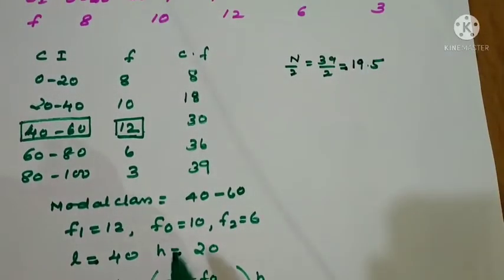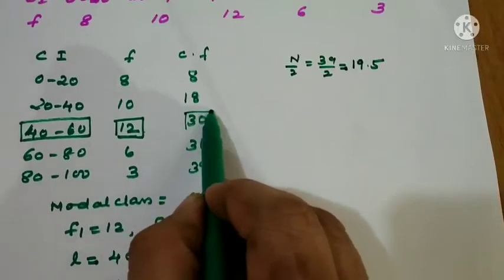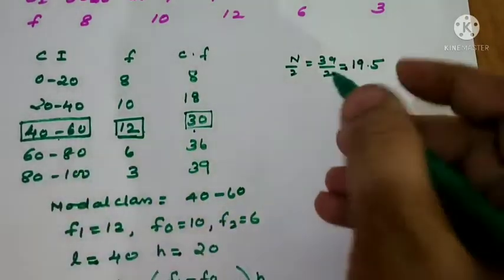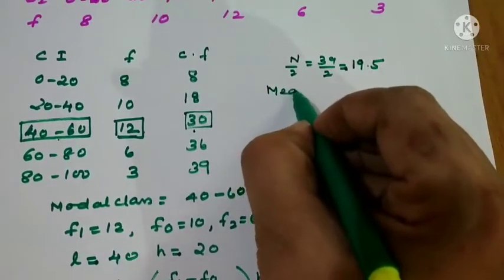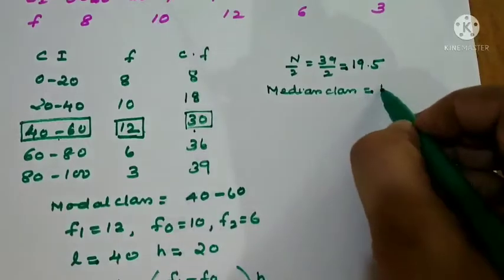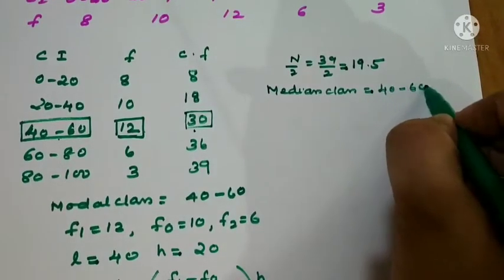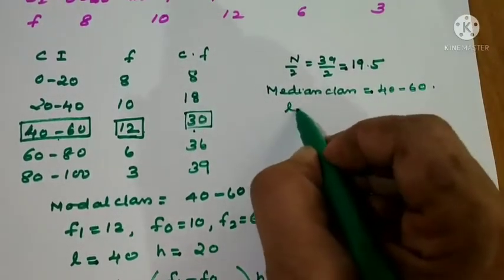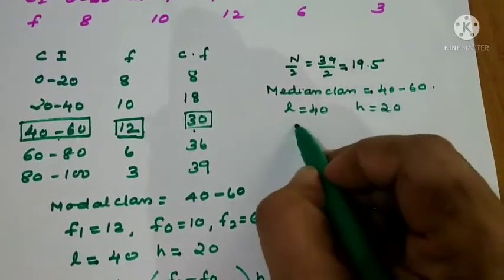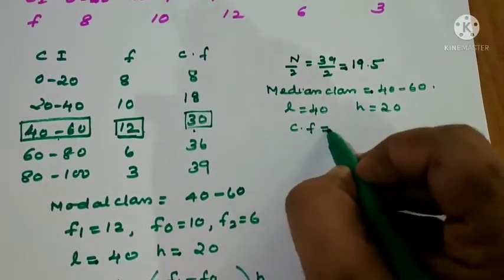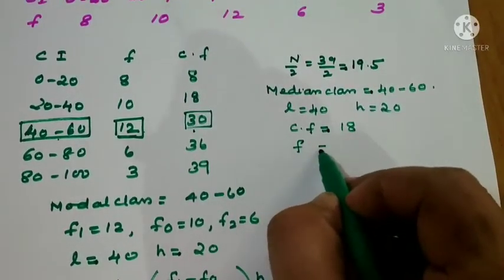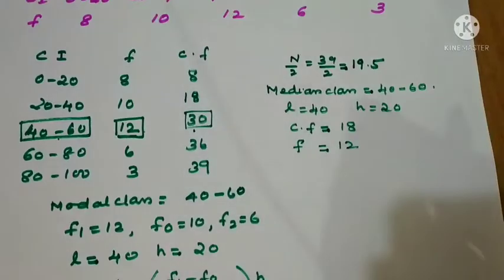So above 19.5, which number is coming? 30 in CF column. So corresponding median class is 40 to 60. Next, L equal to 40, H equal to 20, CF equal to 18. Next, frequency of the median class is required, that is 12 only.